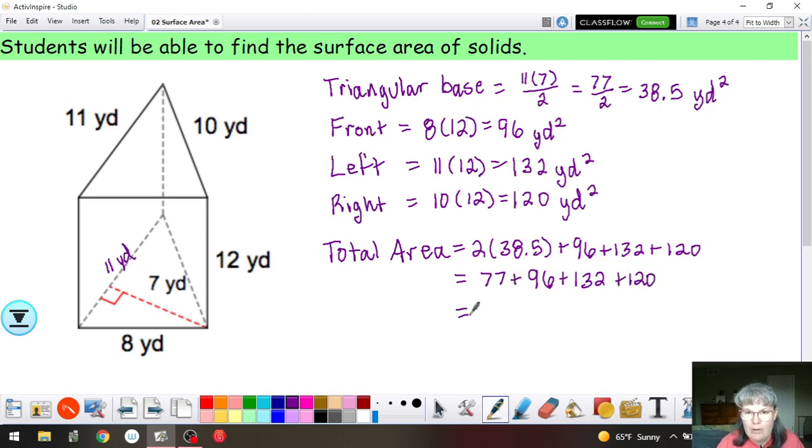And when we add all of these values together, we get 425 square yards. So finding surface area is really finding the area of each side, each shape that creates a side, and adding them all together.